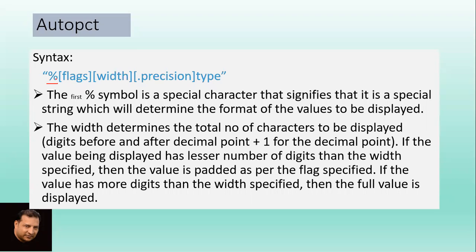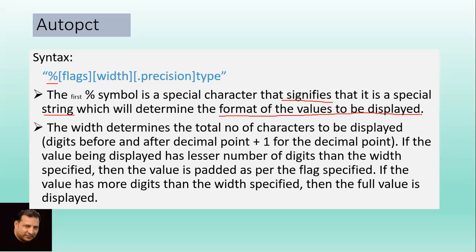Percent sign, then flags, then width, then dot precision, and type. The first percent symbol is a special character that signifies that it is a special string which will determine the format of the values to be displayed.